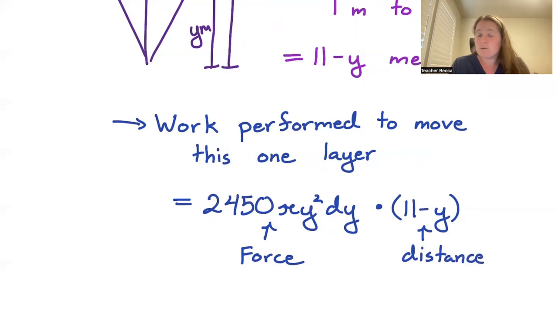So this is different from what we've done before. We actually are finding the total work required to move just that one layer of water. And then the integral is going to sum up the work required for each layer.